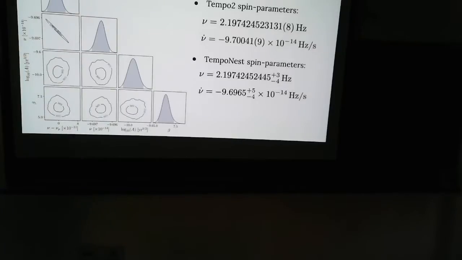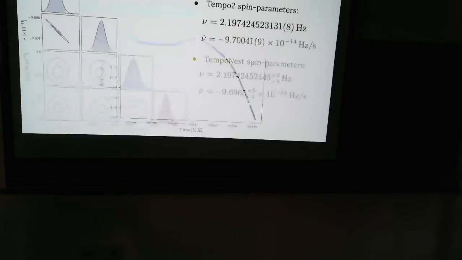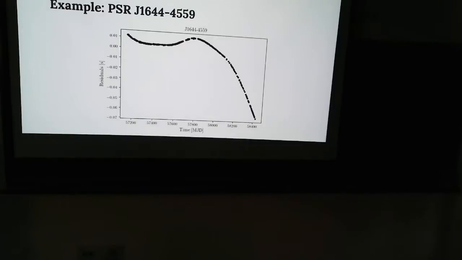Isn't this just because you haven't actually modeled your parameters properly, and you can see in Tempo 2 from that plot that you have higher orders, so you're not doing Tempo 2 correctly? So that's one possibility. However, I think in the activity we'll be going over this.